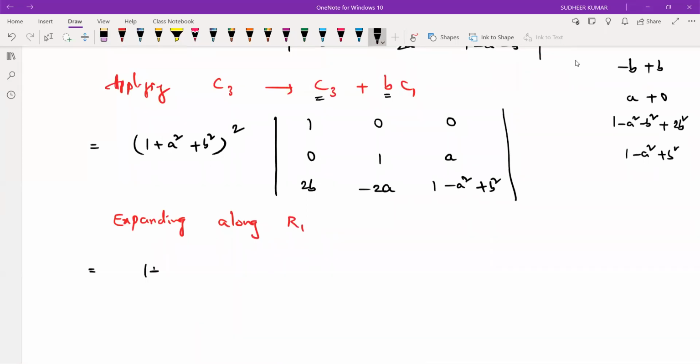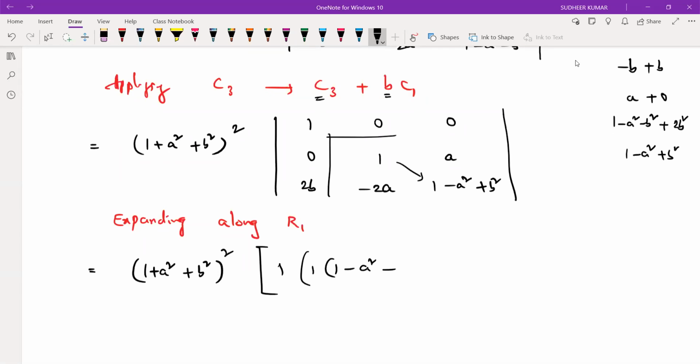The common part remains the same, 1 plus a square plus b square whole square, into 1 times the determinant of the remaining elements after deleting this row and column. If you multiply, this is 1 into 1 minus a square plus b square, minus a into minus 2a.